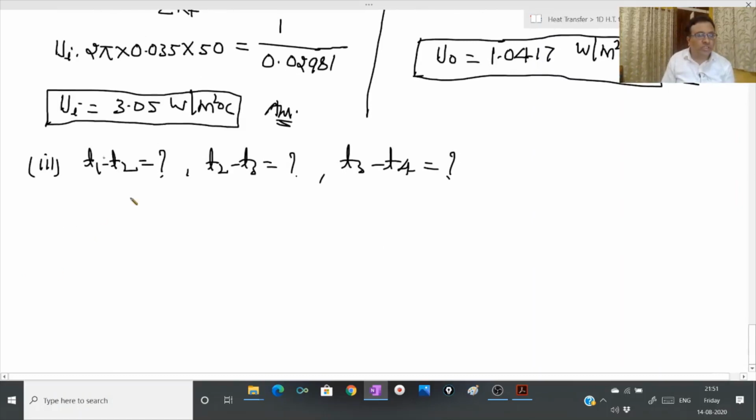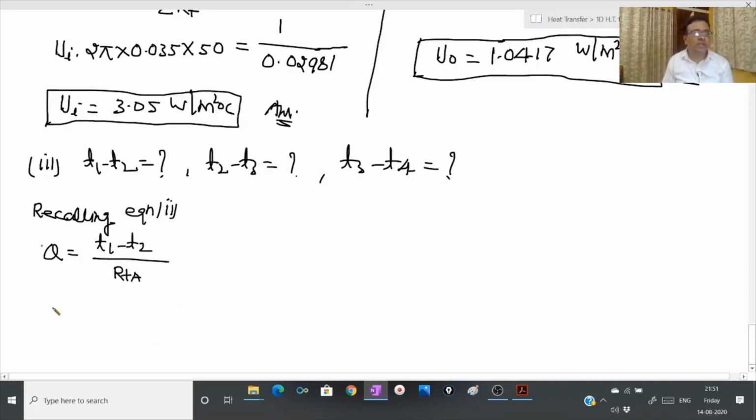So first, recalling equation number 2. What is that equation? Q is equal to T1 minus T2 over RTA.